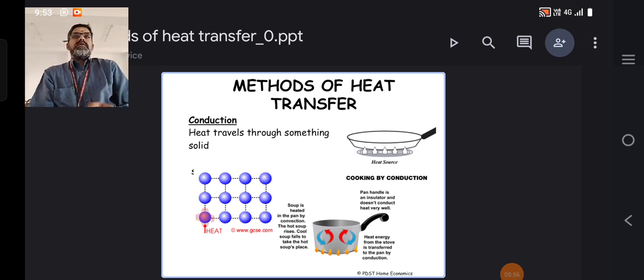Then this topic will cover three important parts: how much heat is transferred through flat surfaces, cylindrical surfaces, or spherical surfaces.